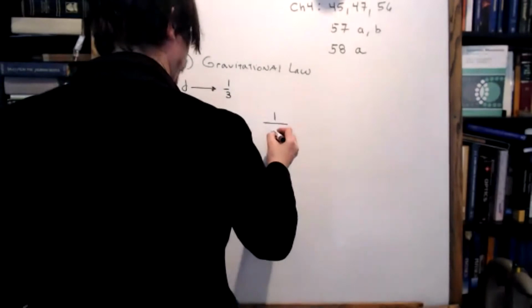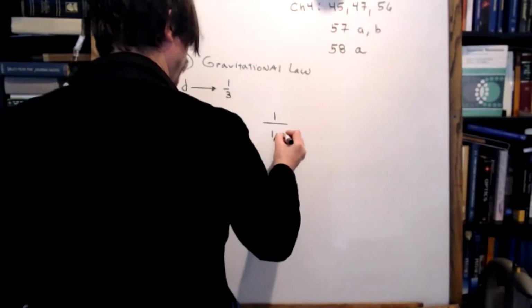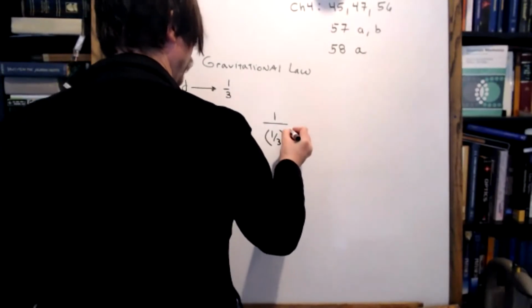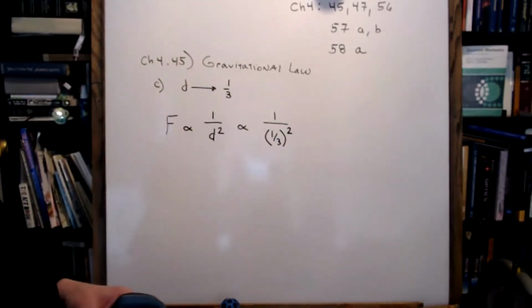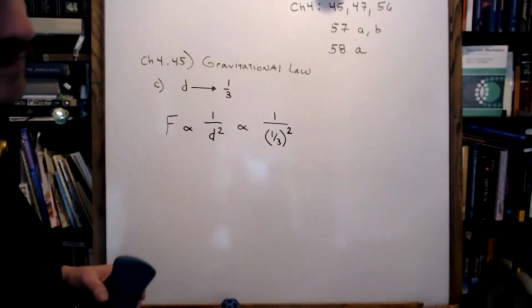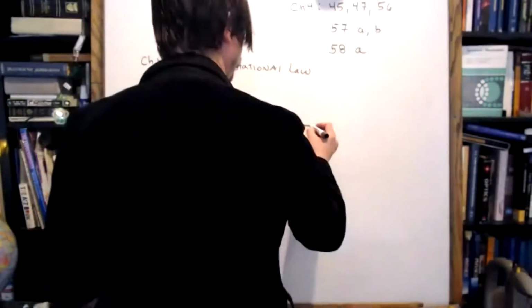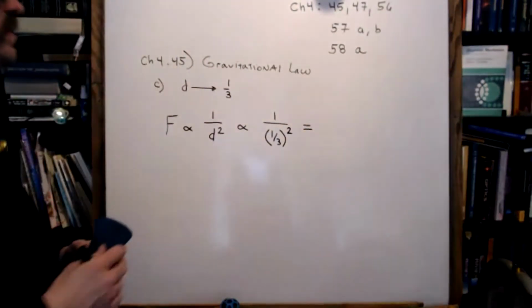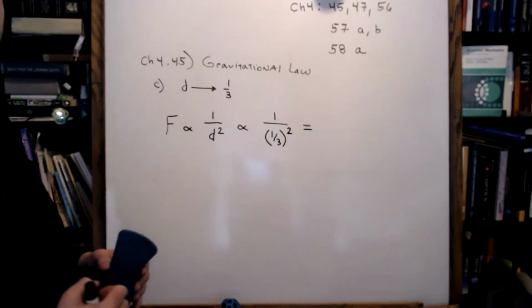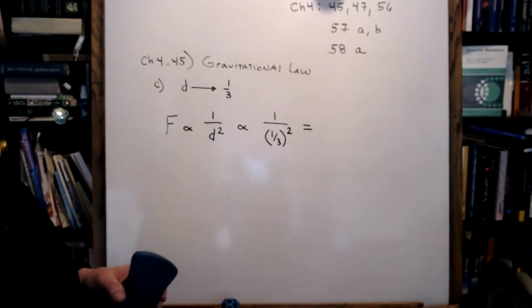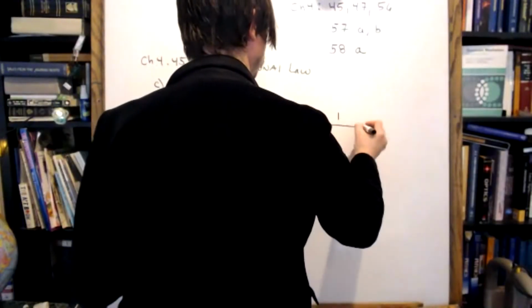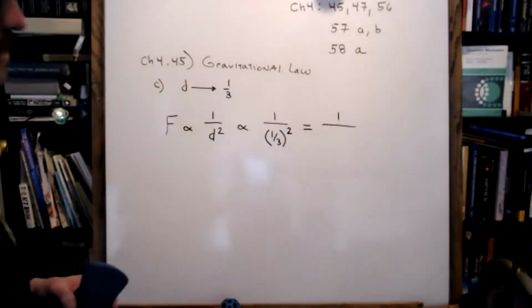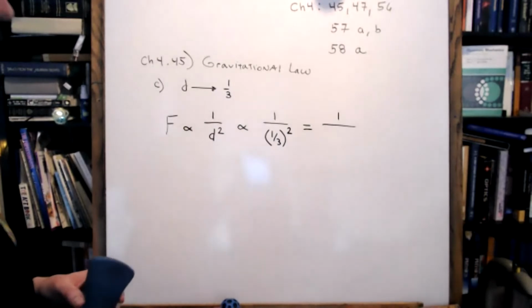But we have to be careful how we write this, Jenna. We should write it as 1/3 in parentheses squared, because the square must be distributed to both parts of that fraction. Now we can turn it into an equal sign. Jenna, help me distribute the square. So it would be 1 over 1/9.